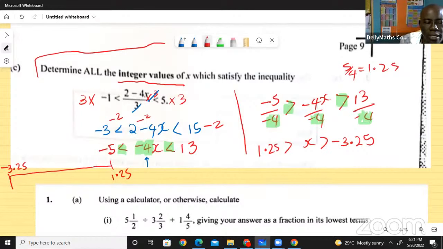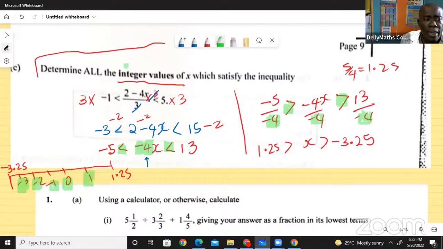If you think about this, you'll have -3 there, -2, -1, 0, 1. So these are actually the integer values. There is a -3, there is a -2, there is a -1, I should say, let me write negative there, and then there is a 0, there is a 1.